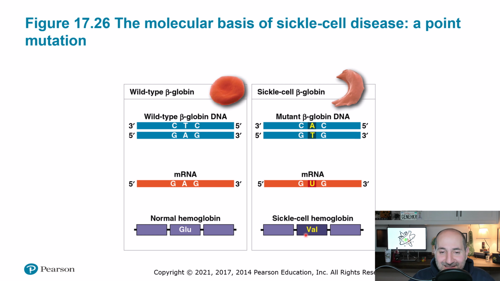Isn't that interesting? So yes, now you fully understand sickle cell, right? Sickle cell is an example of a missense mutation. The simple change of an A to a T changed the amino acid. Remember, it was the 6th residue, or the 6th amino acid, of the beta hemoglobin gene.